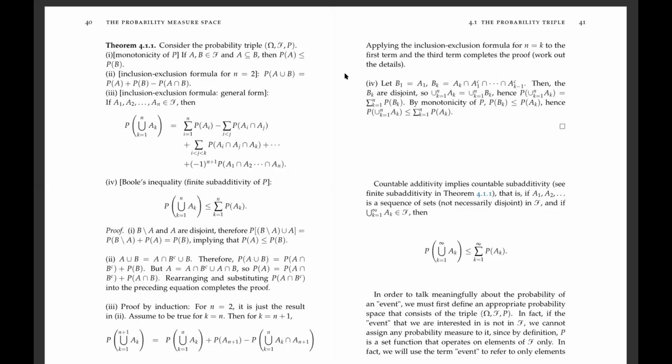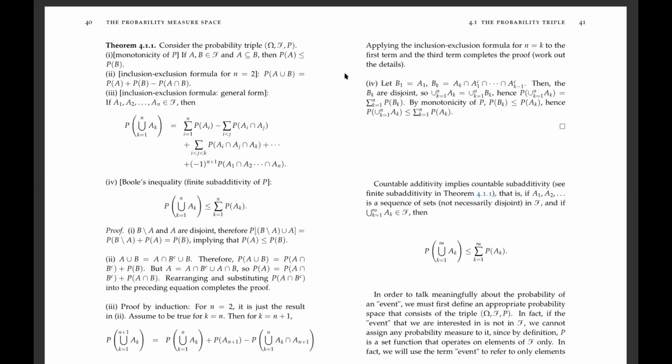Okay. Then inclusion exclusion formula for n equals to 2. This one is also well known, right? If you have a union of two sets, all right, these two sets need not be disjoint, yeah, and these two sets must be in the F, right, in the field.